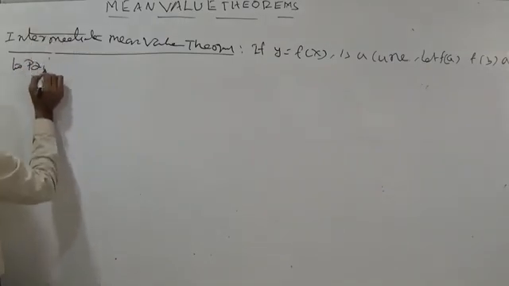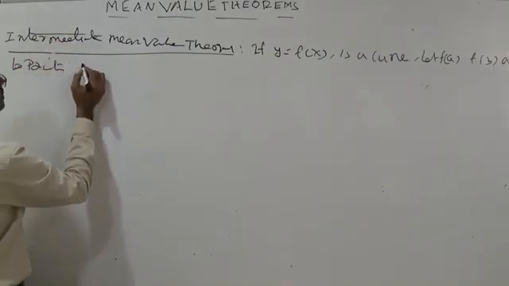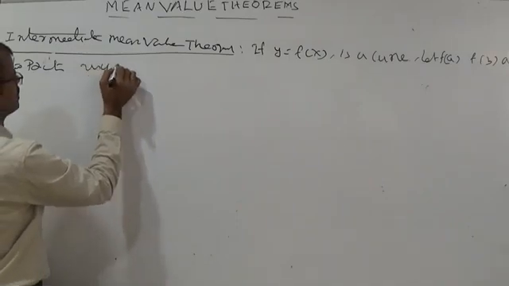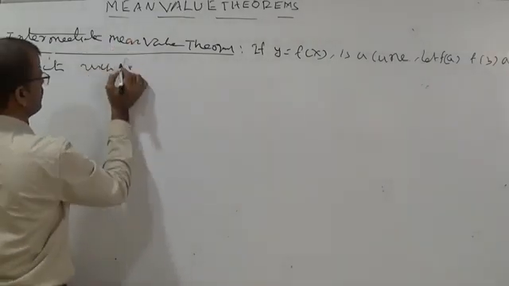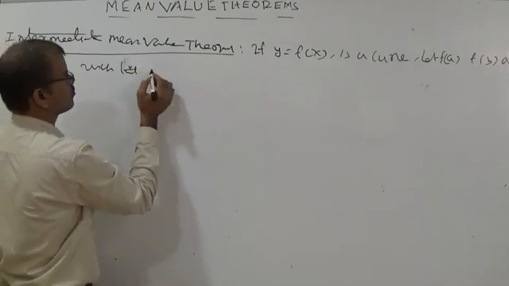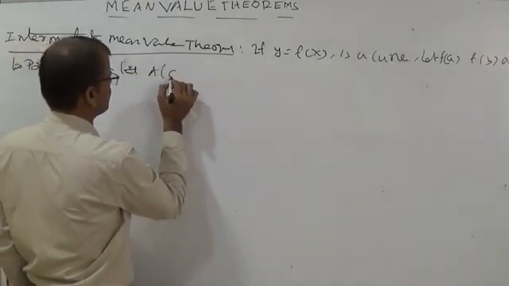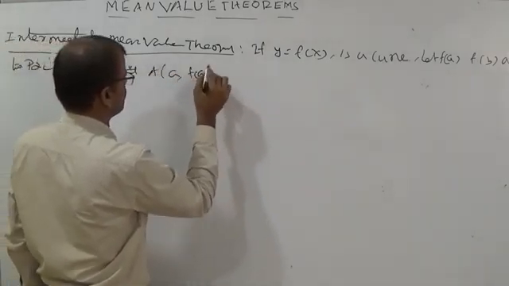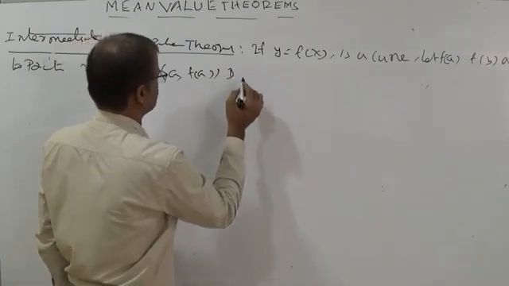Let f of a and f of b be two points, like this I am writing, a f of a, b f of b.